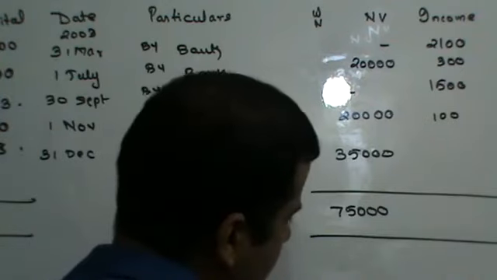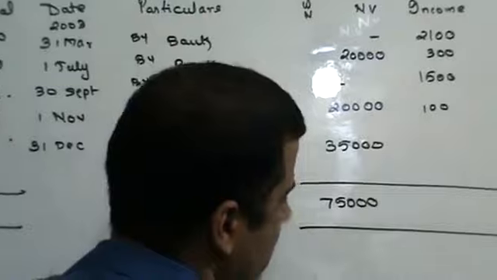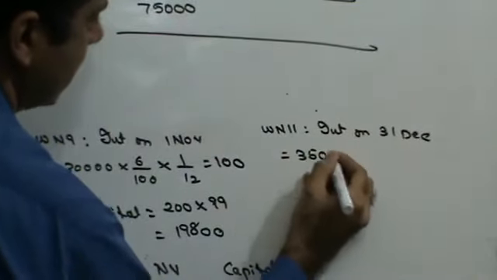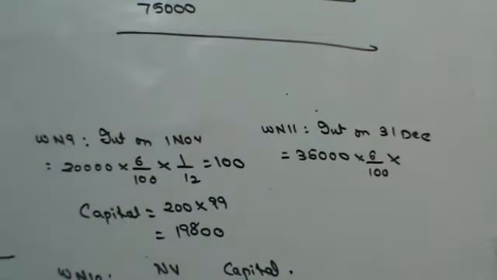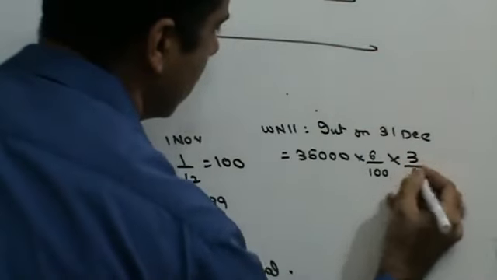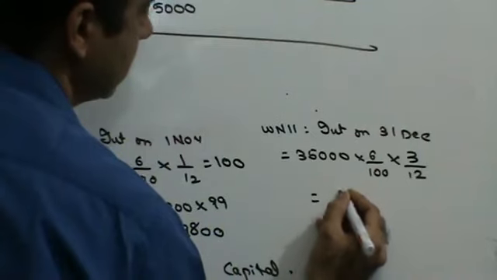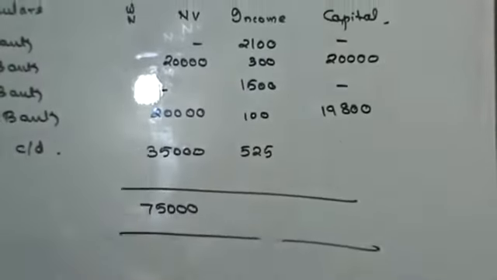So let's calculate interest on the closing balance. Interest on 31st December. 35,000. Interest rate is 6%. And you have just paid interest on 30th September, 3 months. Someone please help me calculate this. 525. So the interest is 525 on the closing balance.